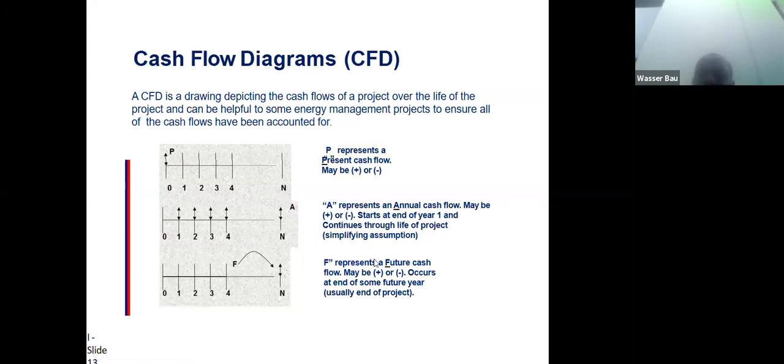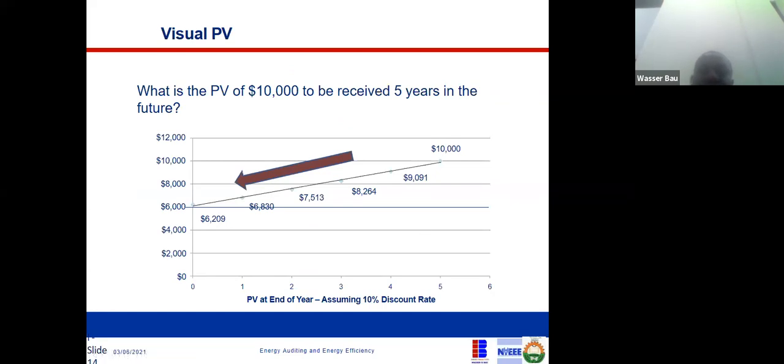Then F represents the future cash flow. It can also be negative or positive, but it occurs at the end of some future year, which is usually the end of the project. So a typical example, for instance, is: what is the present value of 10,000 received 5 years in the future?